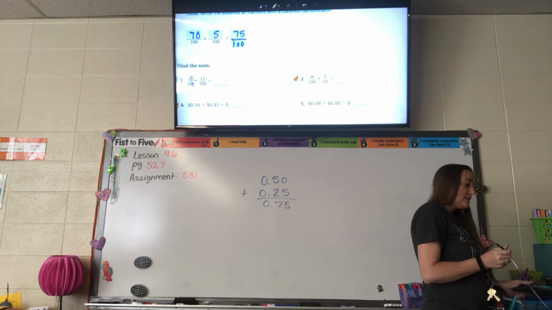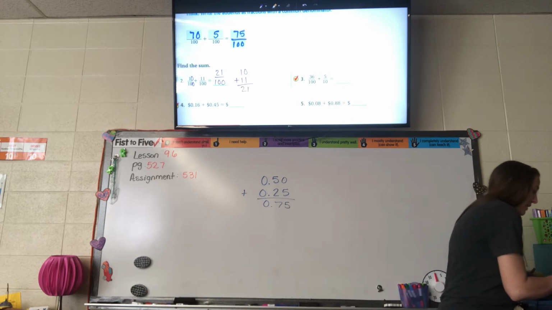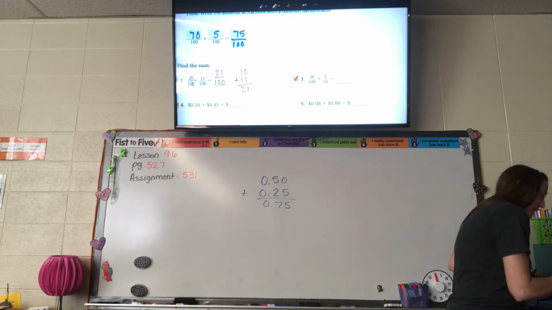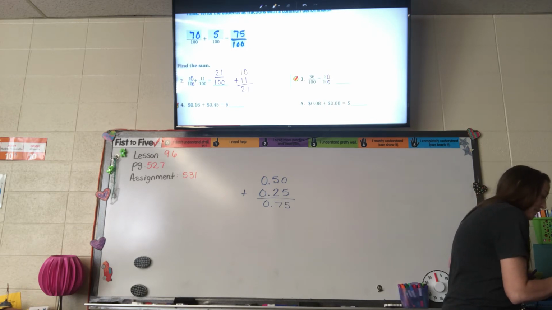So 10 hundredths plus 11 hundredths is 21 hundredths, because 10 plus 11 is 21. Okay? 36 hundredths plus 5/10. I'm going to add my zeros behind the 5 and the 10. So that's 36 plus 50 would give us 86 hundredths.